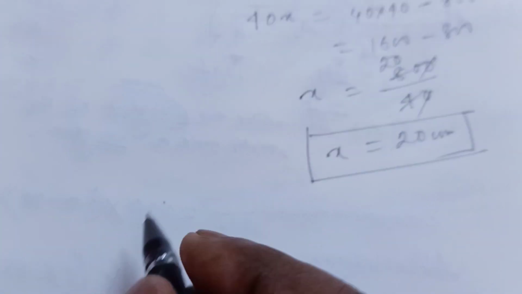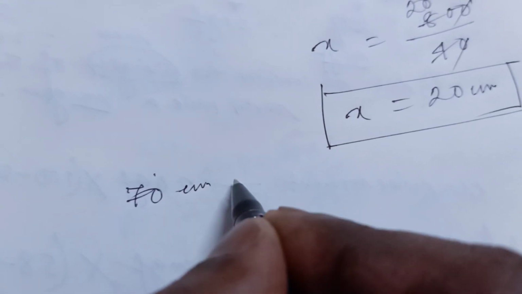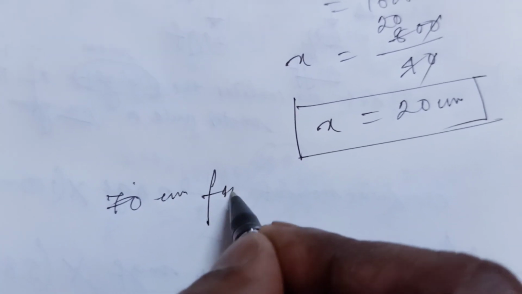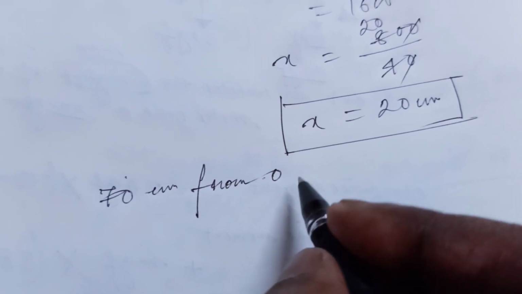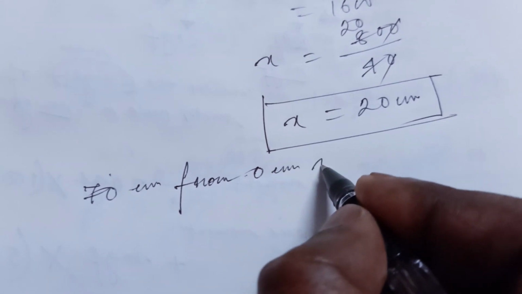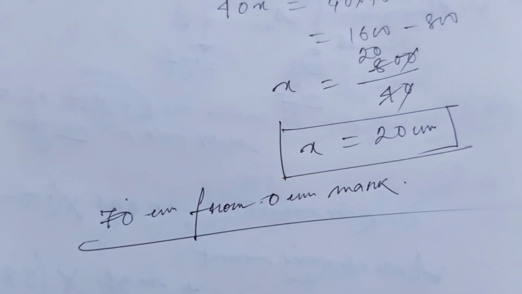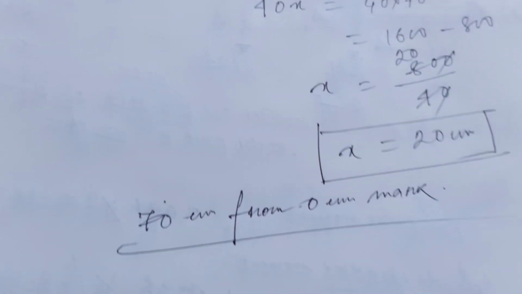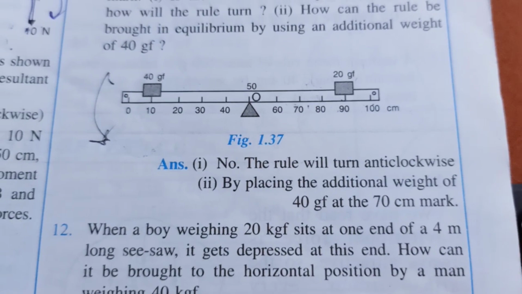So you can write here: 70 centimeter from the 0 centimeter mark. Yes, so this is clear. That was question number 11.